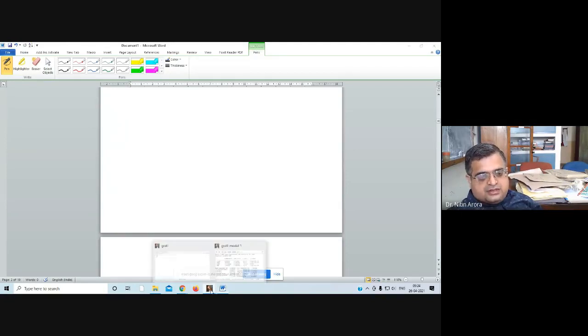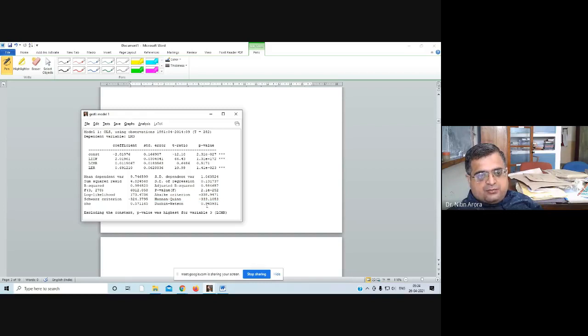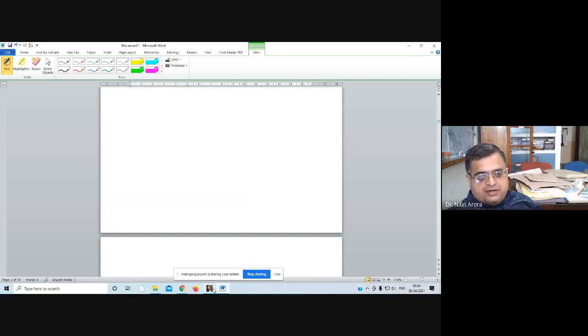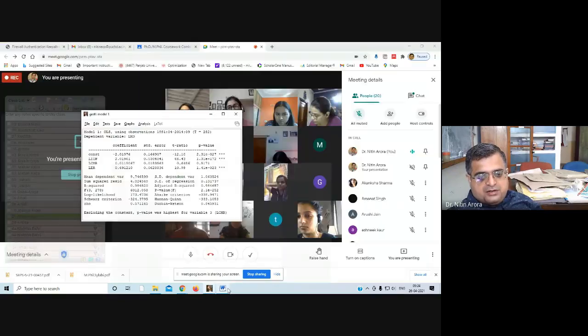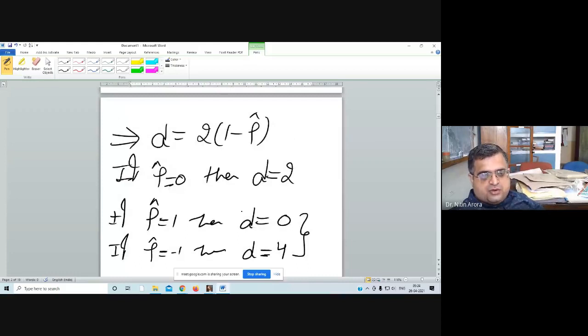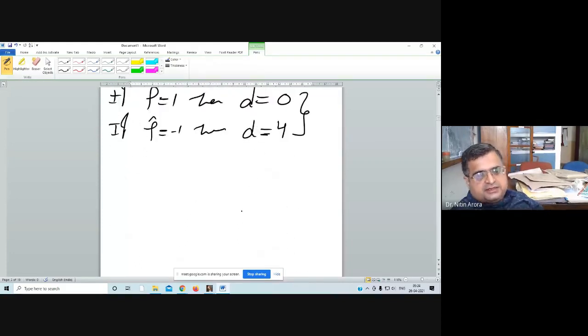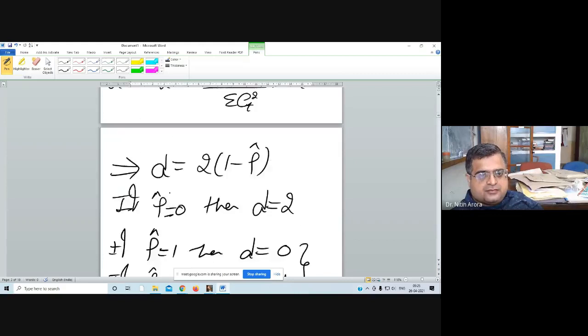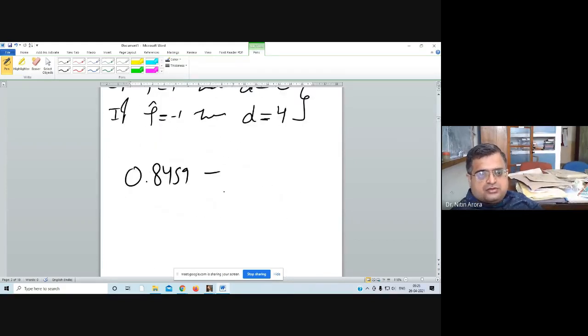So you can observe this value, 0.8459. Substitute 0.8459 in this formula. D is 0.8459, so 0.8459 is equal to 2 into 1 minus rho cap.